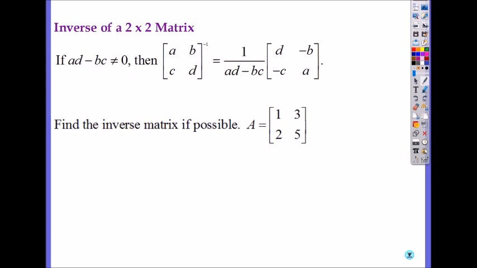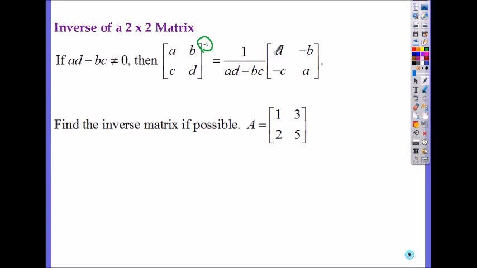So here, if AD minus BC, which is the determinant, is not equal to 0, then the inverse, you see the -1 index, that means inverse. The inverse of this matrix will be 1 over the determinant times, this becomes a number, most likely a fraction.